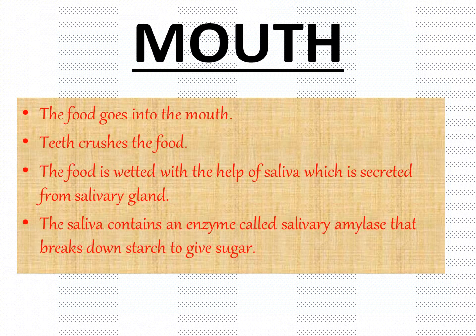Next, the mouth. The very first organ of our human alimentary canal is the mouth. The food goes into the mouth, we all know that, and the teeth crush the food. Now, you will observe that there is a liquid present in our mouth. The food is wetted with the help of saliva, which is secreted from the salivary glands.